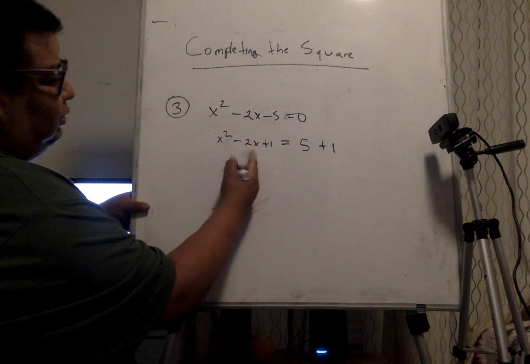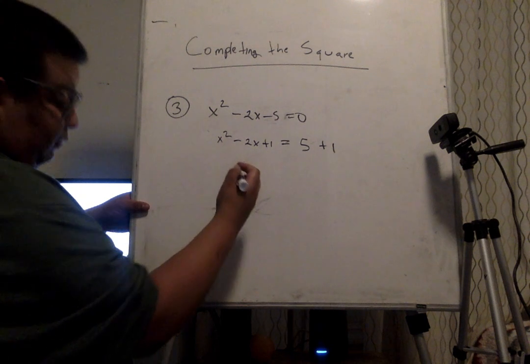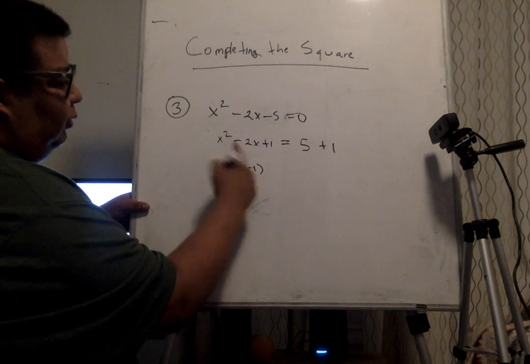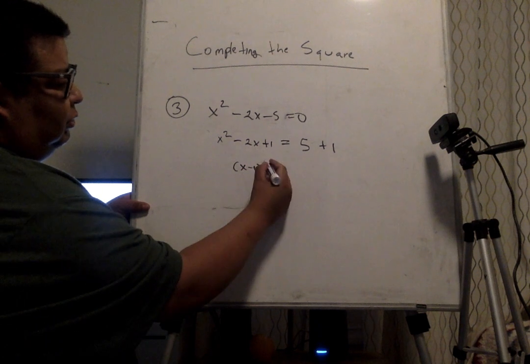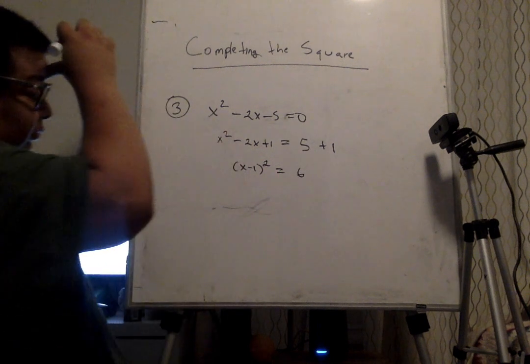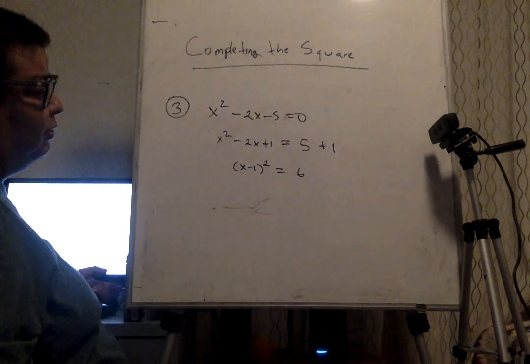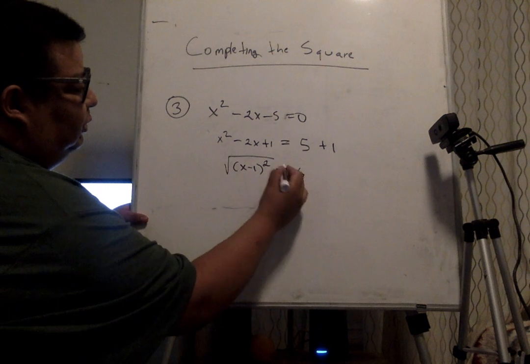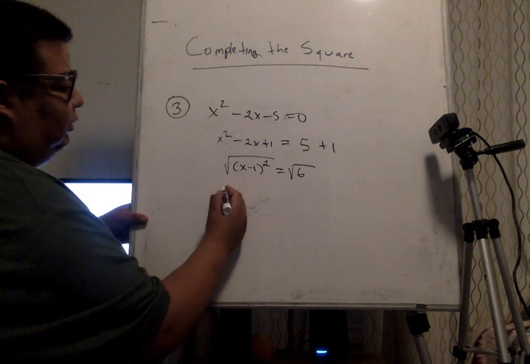So, okay, this is a perfect square. So all we have to do is x minus 1. When we factor, we get x minus 1 squared equals 6. Final step is to use the root property, the square root property. So we take the square root on both sides.